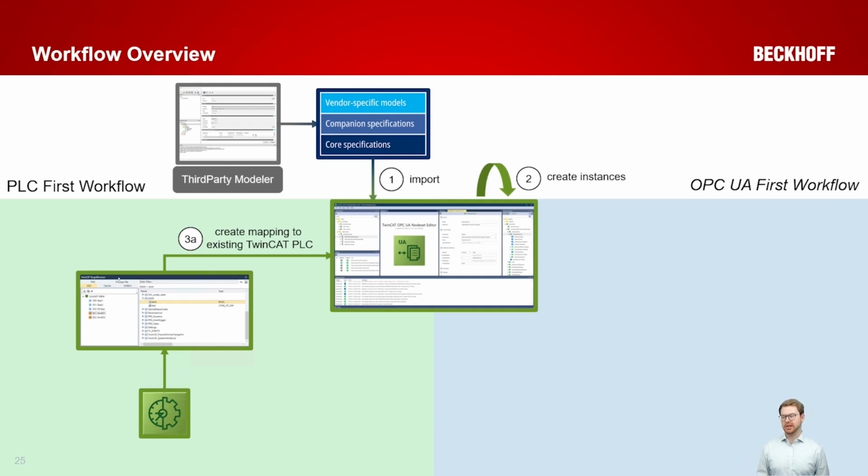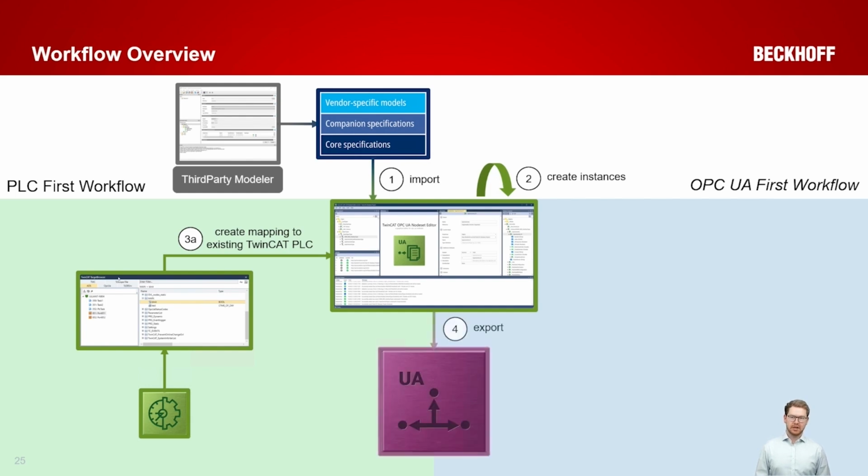You would use the TwinCAT target browser to create that connection. Once you're done modeling and mapping, you would export your configuration to the TwinCAT OPC UA server, and the server and the PLC will exchange data based on those manual mappings.